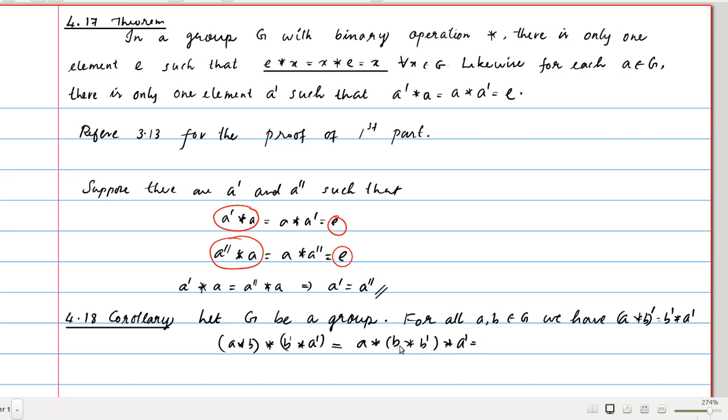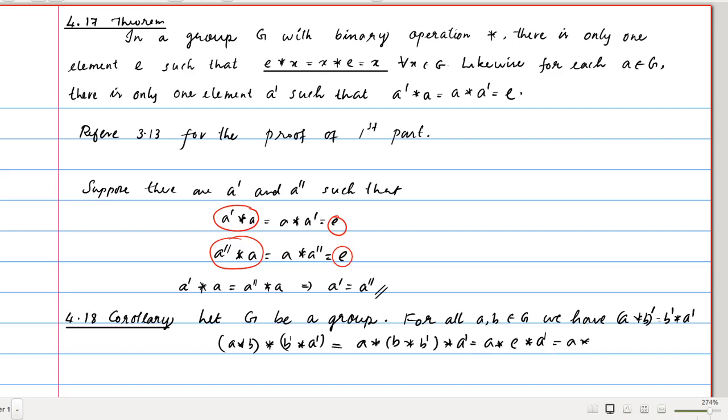Then we can replace the element in the bracket by E. This is A star E star A prime, because this is the identity element.